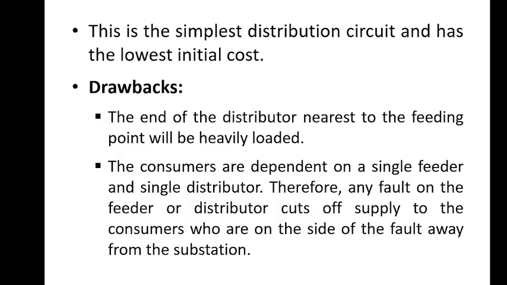Additionally, the system relies on a single feeder and a single distributor, which makes it less reliable. If a fault occurs in either the feeder or the distributor, the supply is interrupted for all customers located behind the fault, as there is no alternative path for power delivery. So this makes the radial system less suitable for applications where high reliability is required.